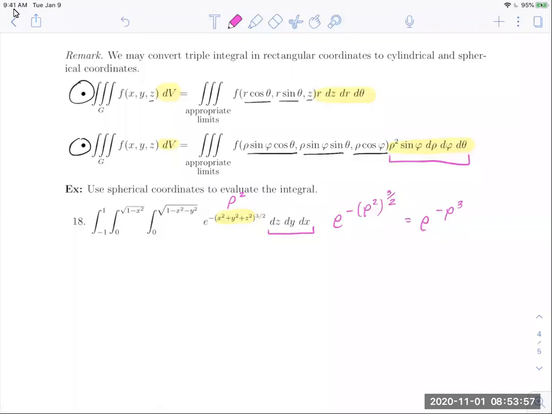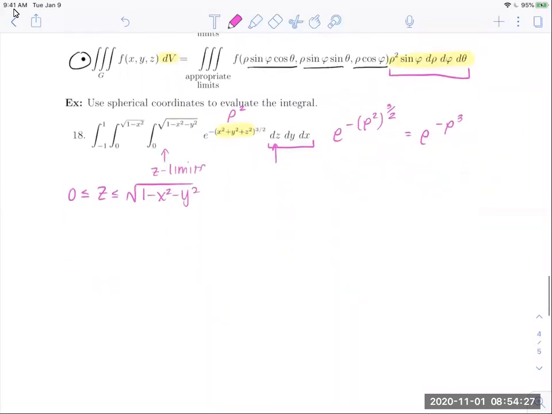Now let's zero in on these limits of integration. And in this case, we need to look carefully at our differentials. So these are the z limits. All right, so let's take a look. What we have is z is ranging from 0 up to the square root of 1 minus x squared minus y squared. So we've been working with these types of expressions enough that hopefully you recognize this to be the upper hemisphere of the unit sphere.